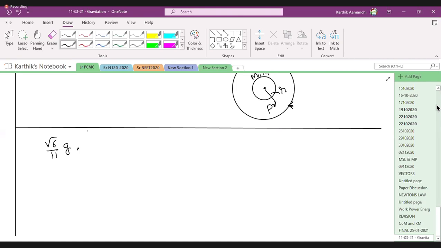Get a relation only. How much? The mass is... why will the mass be the same?